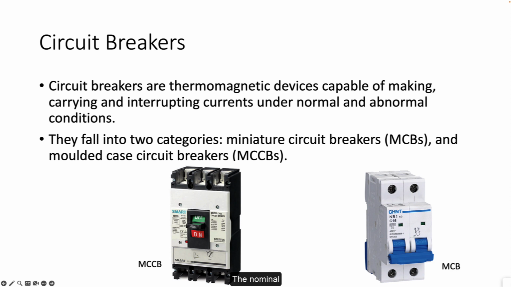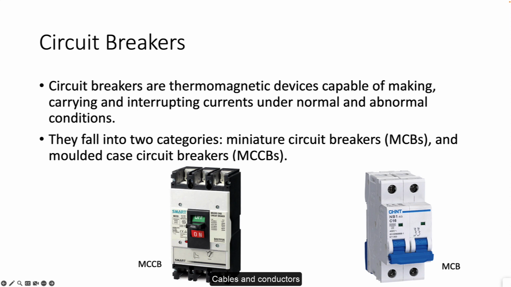The nominal current rating I subscript N is determined based on factors such as the type of load, ambient temperature, and other installation conditions. It reflects the capacity of the circuit breaker to handle the continuous electrical load without tripping.